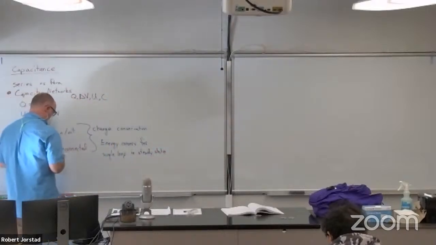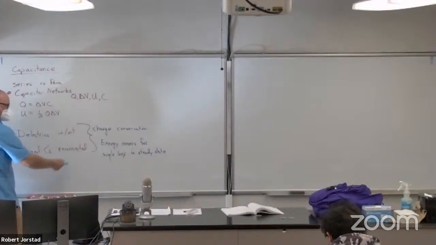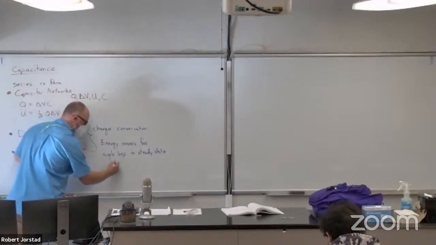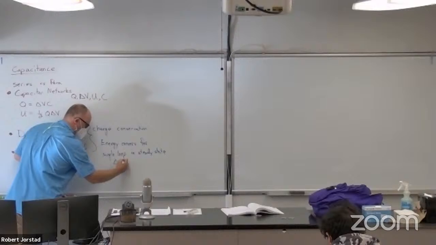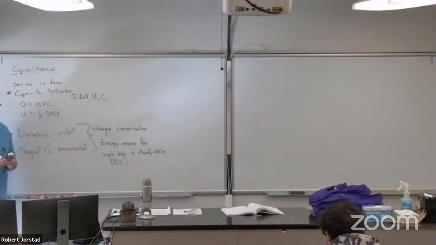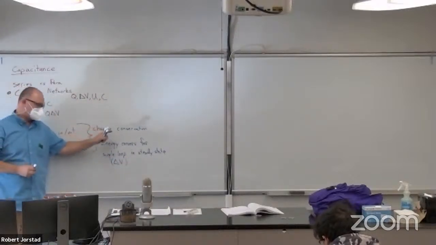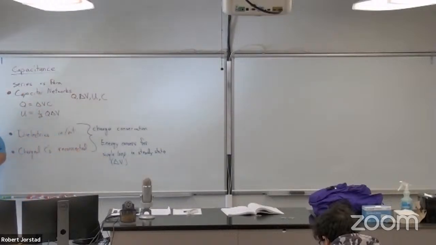And energy conservation for us in this long set of words basically meant we were talking about the changes in voltage. So we're talking about charge Q and voltage V in this way. Those were some big concepts.